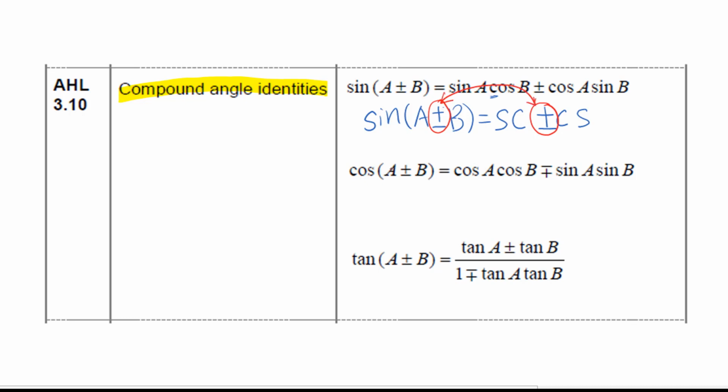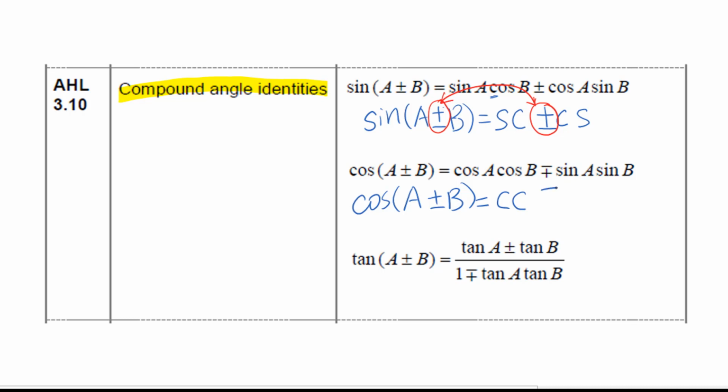For cosine A plus minus B equals cosine A cosine B minus plus sine A sine B. You will remember this way. Cosine A plus or minus B equals cosine cosine, I will write down CC.